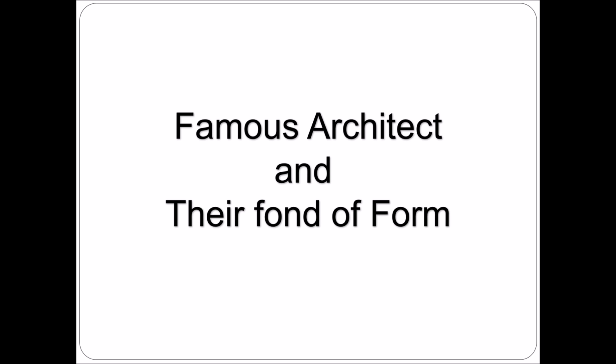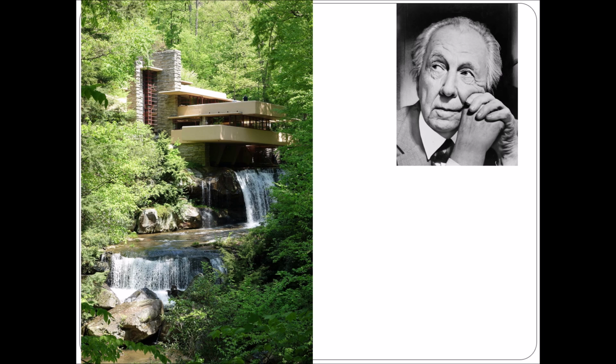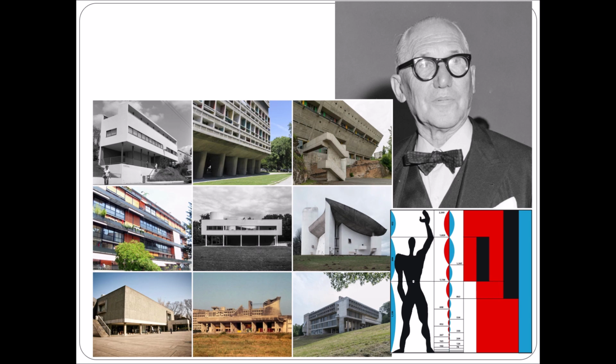For instance, Frank Lloyd Wright was fond of cubes and squares in his earliest works, like in Fallingwater. And then we have Le Corbusier, who was fonder of more dynamic, flexible shapes and forms in his work.